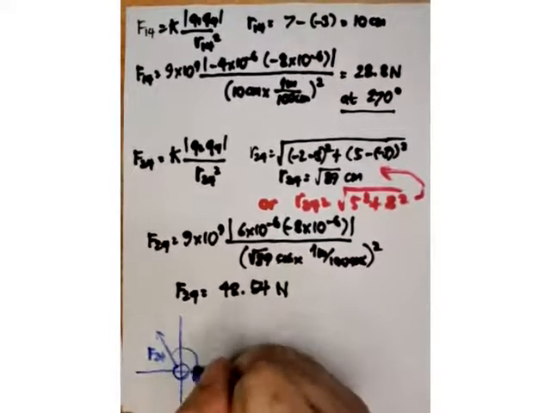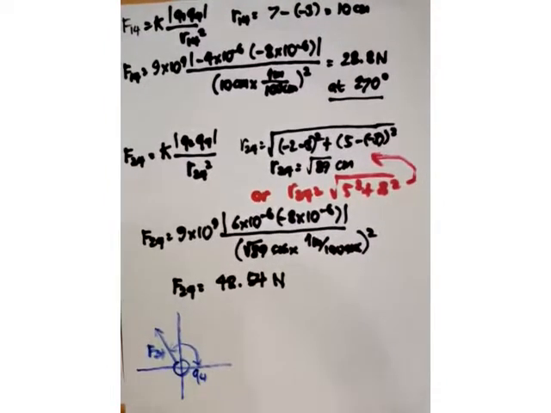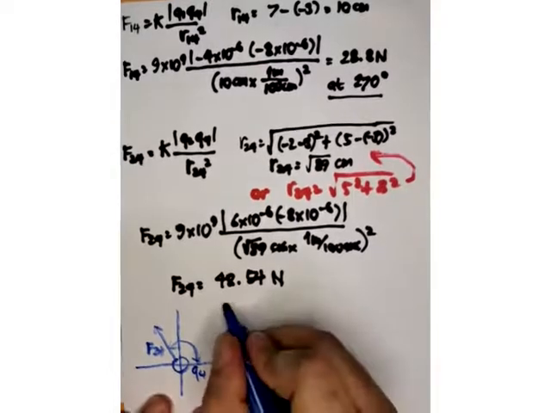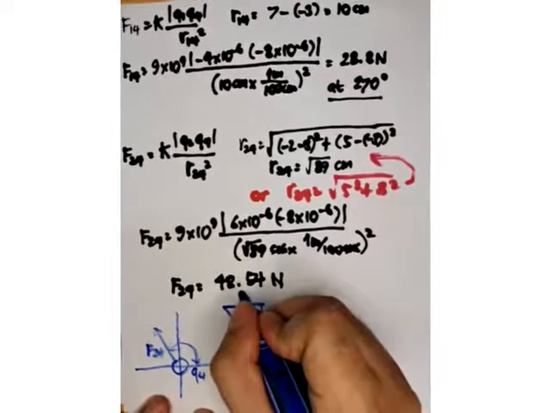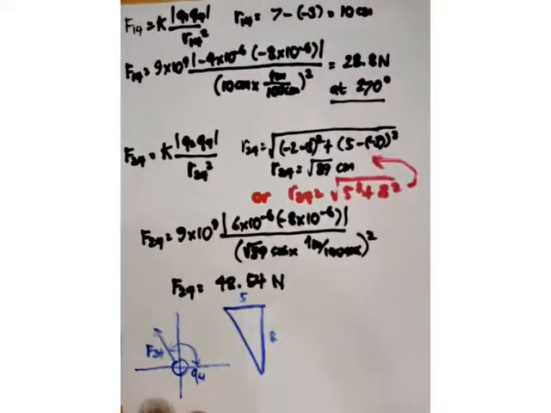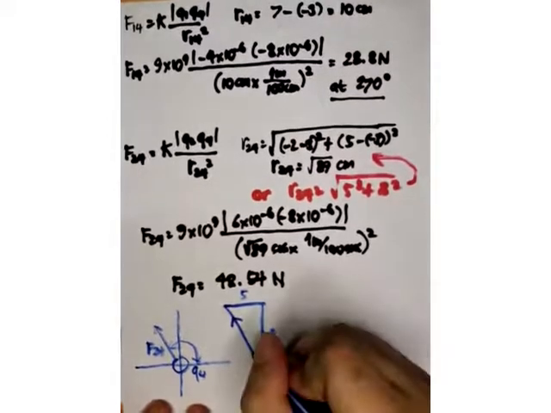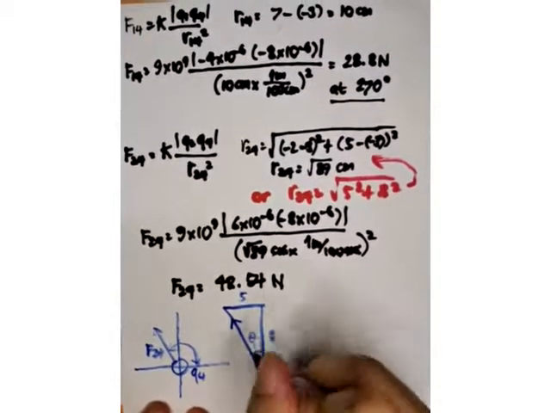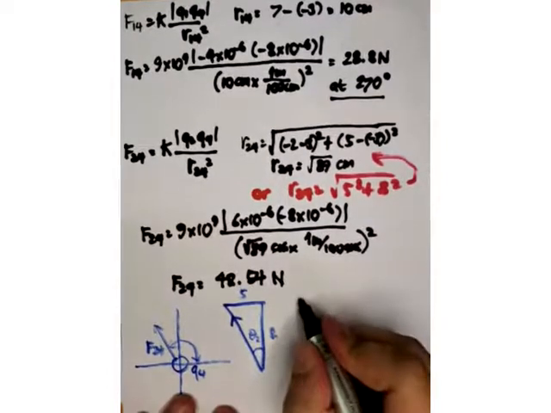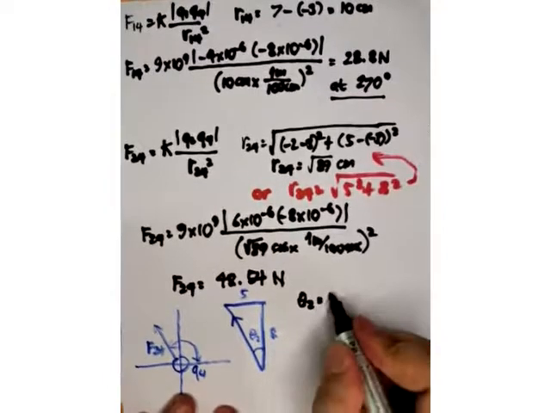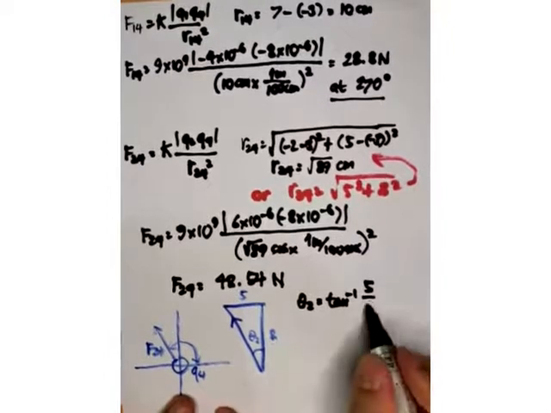Kailangan natin, ano yung angle mula doon sa ating positive x-axis. Ayan. Kung kukunin natin yung triangle, ito yung 5 at ito yung 8. At nandito yung force natin, direction niya. So, pwede kong kunin yung angle na to. So, let's call that theta 2. So, theta 2 is equal to arctangent of opposite over adjacent.